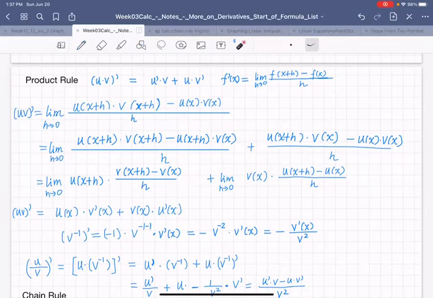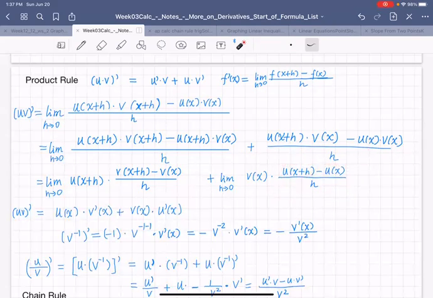Okay? Okay. And for here, v of x is a common factor. So I can take v of x out. If I take v of x out, my leftover is u of x plus h minus u of x, correct?